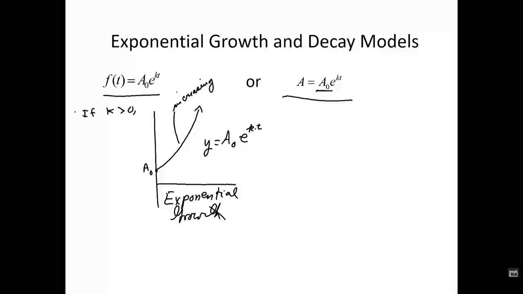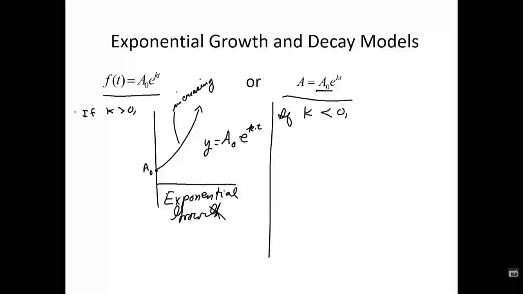On the other hand, let's consider the case when k is less than 0. If k is less than 0, the function models the amount or size of a decaying entity.